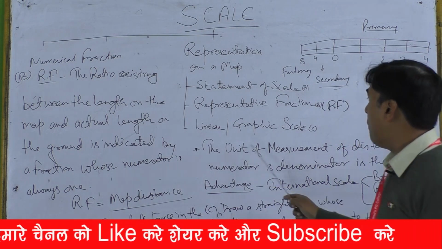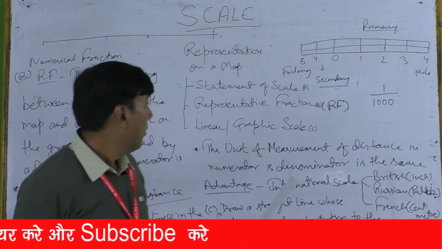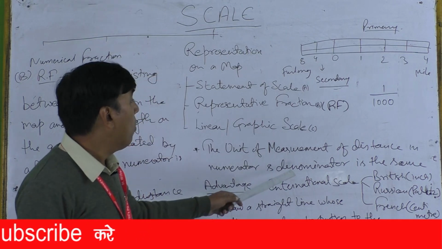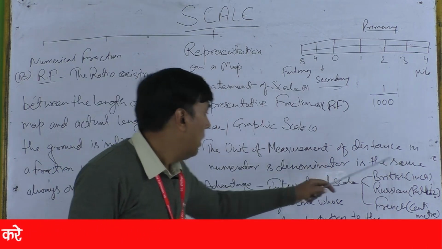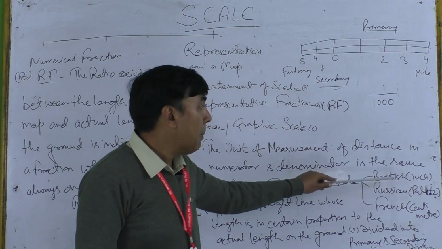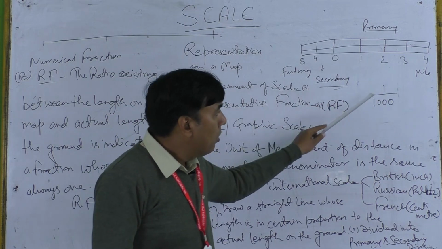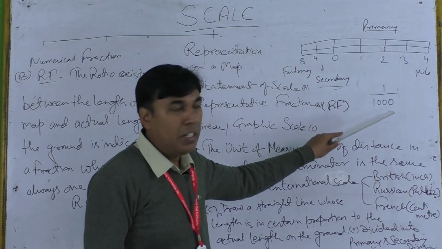The unit of measurement of distance in numerator and denominator is the same. Like if we use British measurement and we use inch, it means 1 inch divided by 1000 inch.